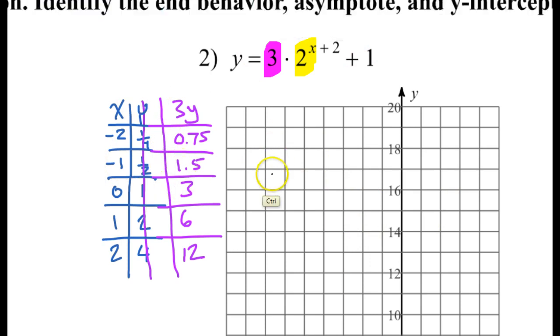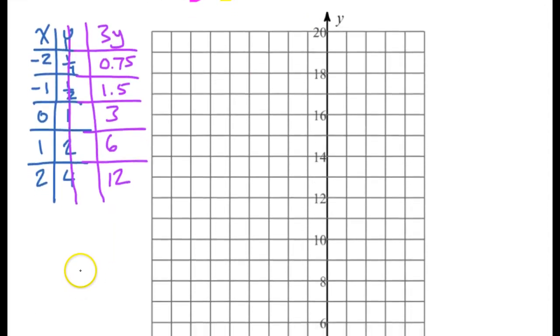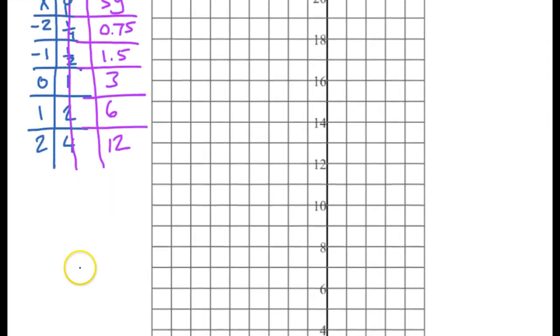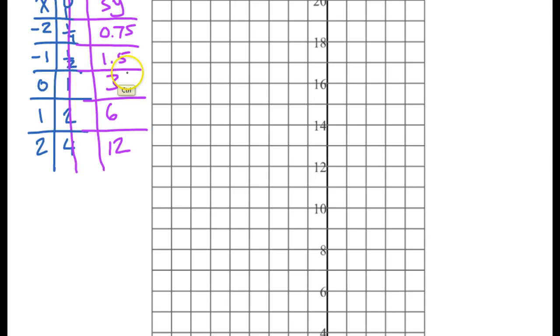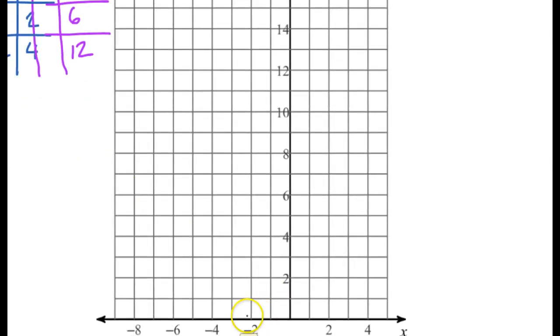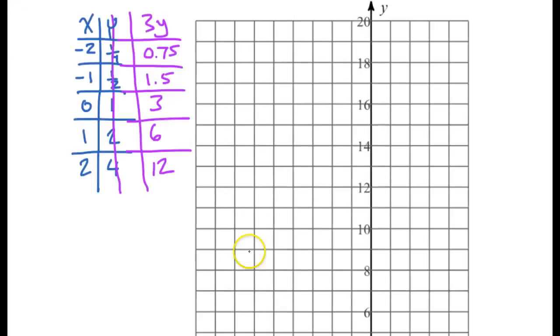Okay, dots only, do not connect these because this is not the final answer. But I have -2, comma, 0.75. So -2 and 0.75 is about there.